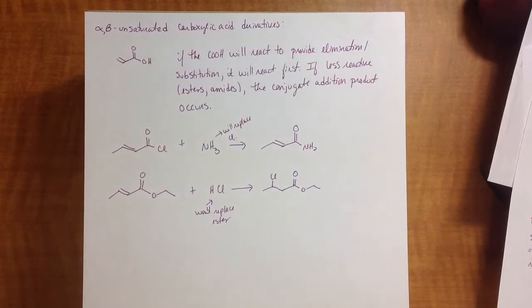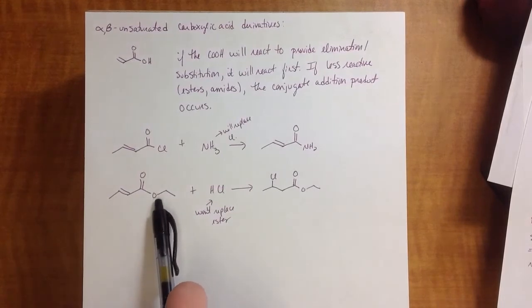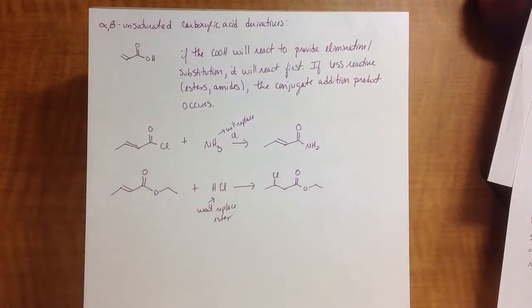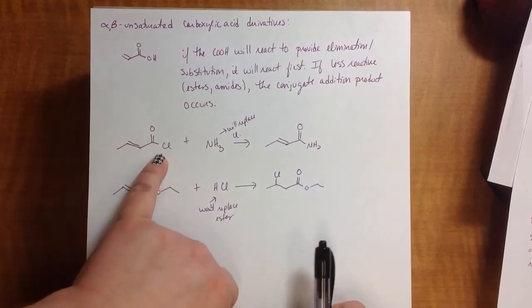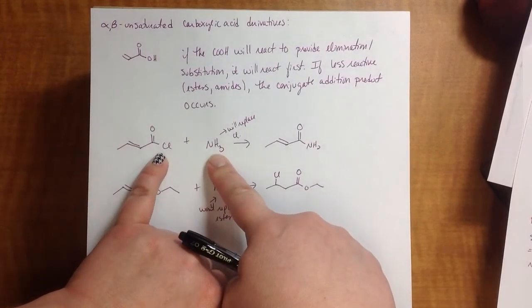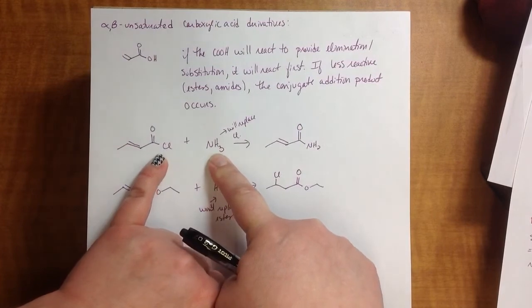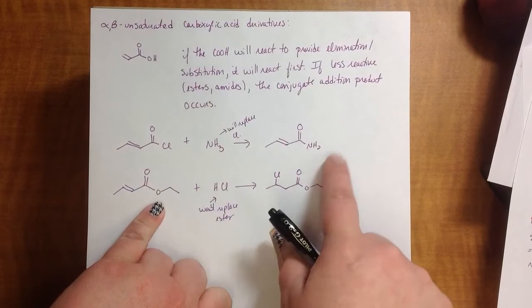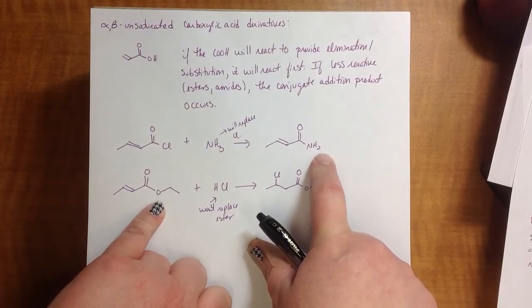If you've got a less reactive situation, like an ester, then the conjugate addition product might form. So here's what we mean by that. This Cl can still be replaced by that. That's pretty easily done because this is more stable on its own than this is. So bam, you end up getting the amide.